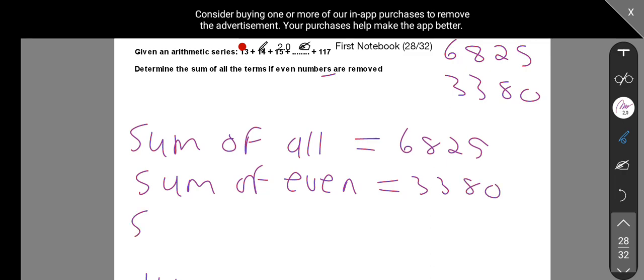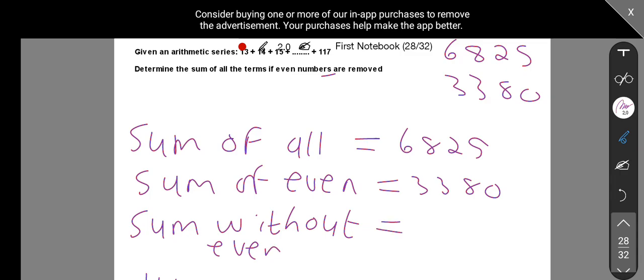Now, to get the sum without the even numbers, we're going to say that the sum of all the terms, that is 6825, minus the sum of the even numbers, that is 3380. And the answer here will give us the sum without the even numbers.